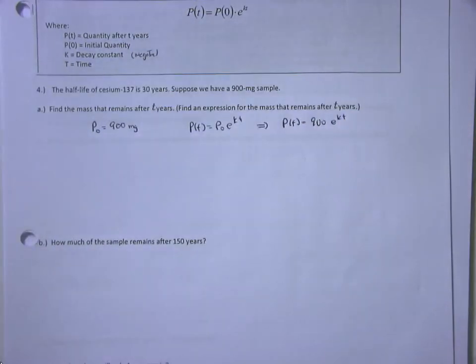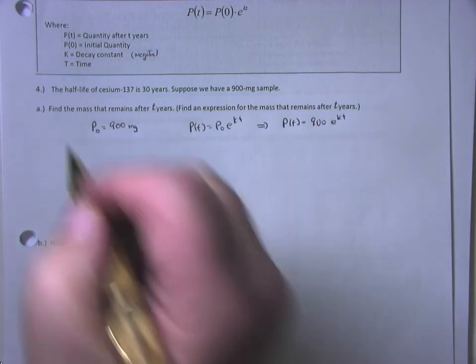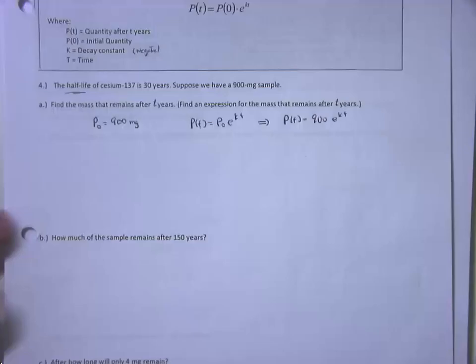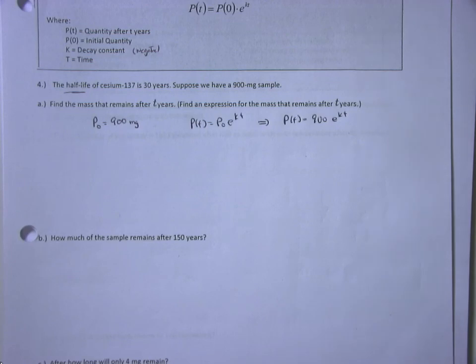The next thing, just like in the last problem, is we have to solve for k. You have to figure out what your decay constant is going to be for whatever material you're playing with, in our case cesium-137. They told me the half-life. The definition of half-life is the amount of time it takes for an initial substance to decay in half.